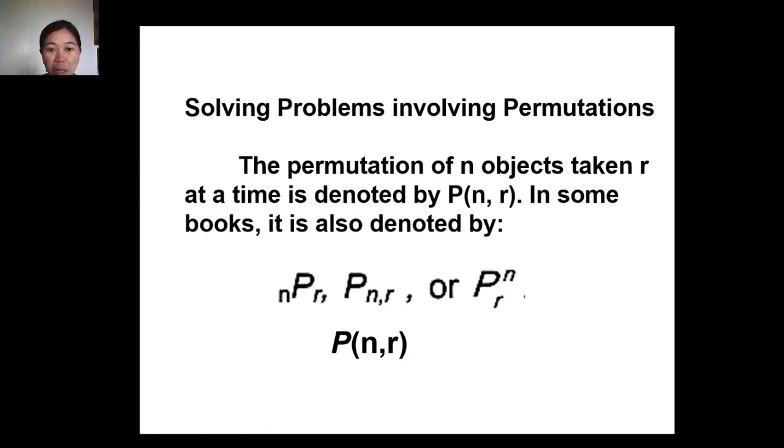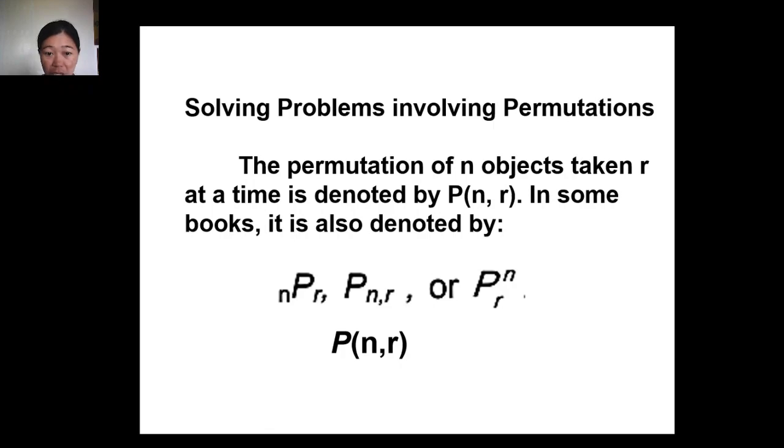So, as stated in your module, the permutation of n objects taken r at a time is denoted by P of nr. In some books, it is also denoted by nPr, then we have Pnr, or P^n_r. So, dun sa first notation, subscript sa left and right yung n and r.